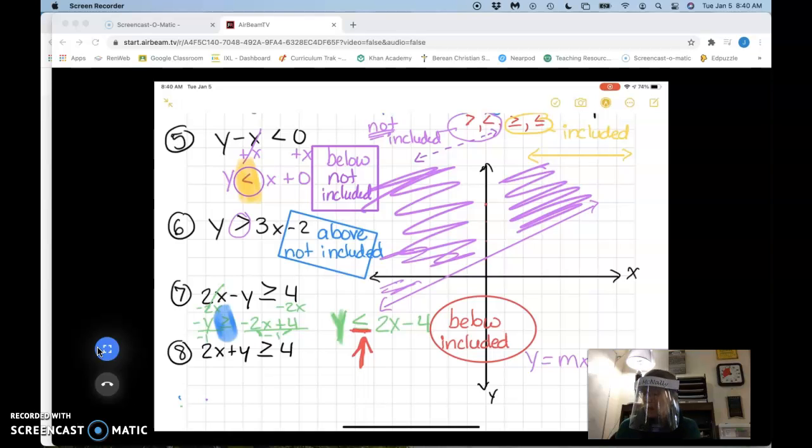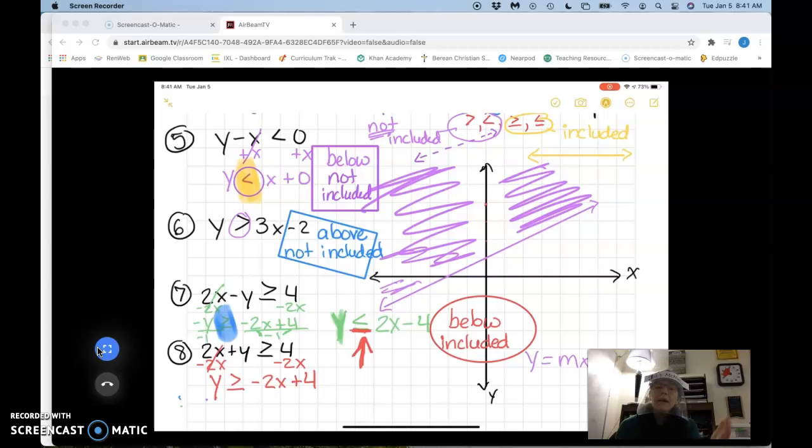Okay, so let's solve the last one. We're not in the right form, so I'm going to subtract 2x to get it in the right form. Always write your x first. Okay, so I have y is greater than or equal to -2x plus 4.